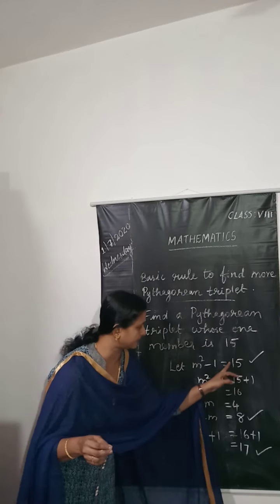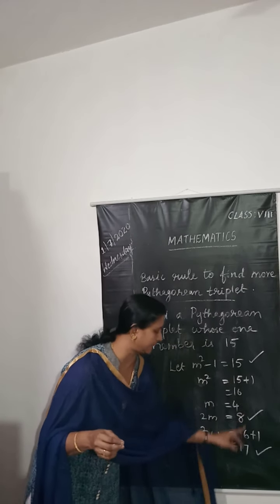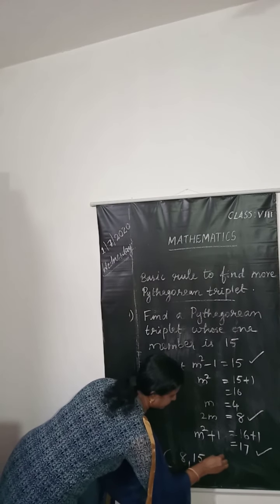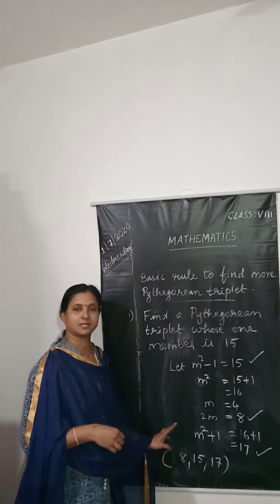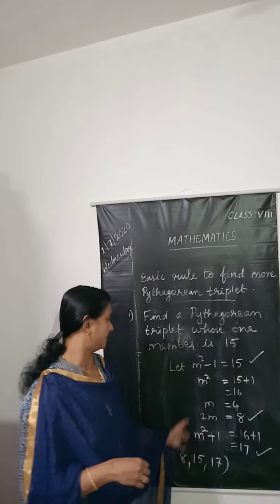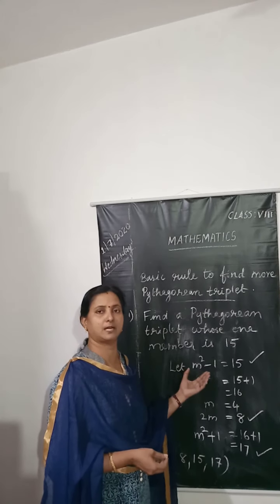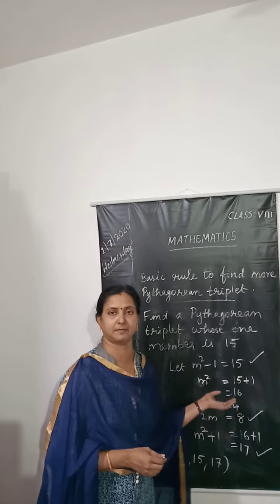The numbers are 8, 15 and 17. This is how we calculate the remaining two members. When one of the members is given, we calculate the remaining two numbers using this method.